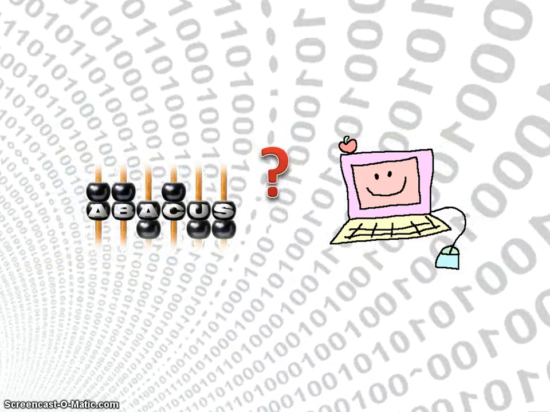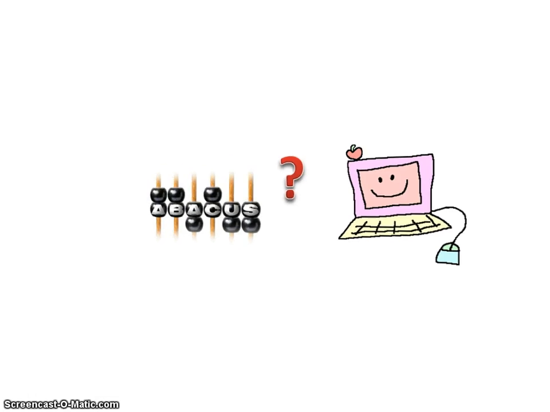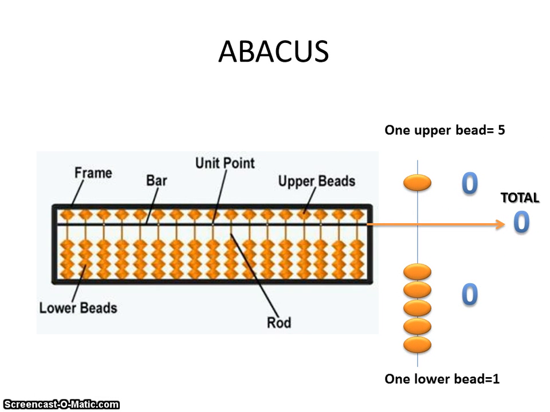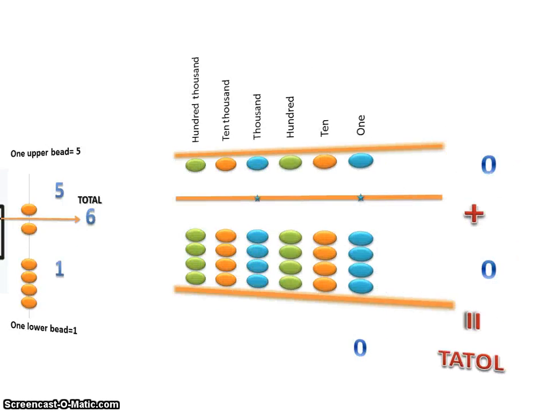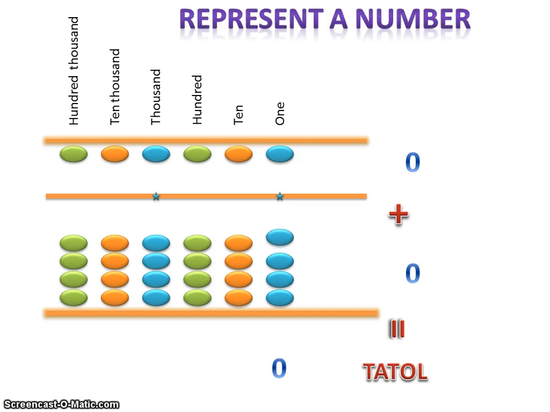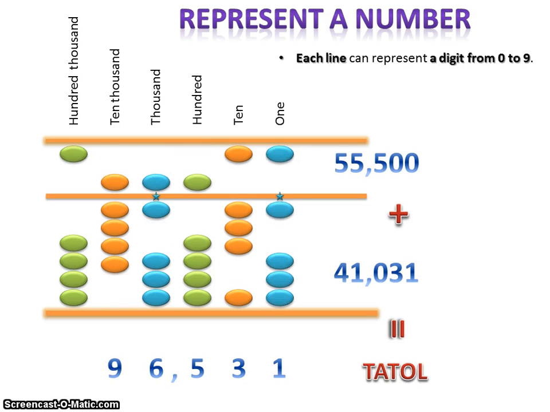Now, let's have a look at the contents of this project. I will begin with the introduction of the abacus. The abacus contains an upper bead and lower beads in each line. One upper bead represents 5 and one lower bead represents 1. Each line can represent a digit from 0 to 9.